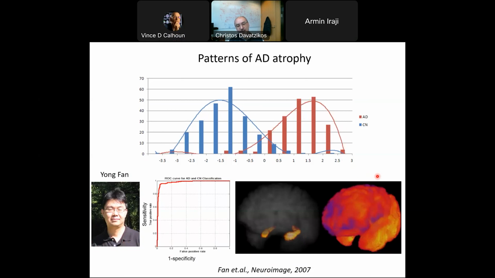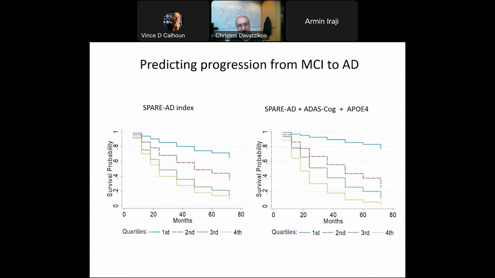There have been a lot of group analyses that show differences between patients and controls, but to be able to identify a signature in an individual was not really possible until these machine learning tools came along and allowed us to form multivariate patterns.